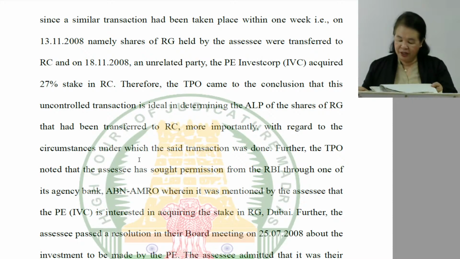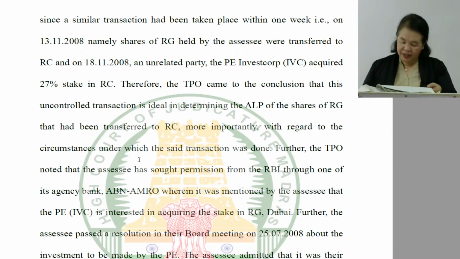More important with regard to the circumstances under which the said transaction was done. No? The TPO noted that the assessee has sought permission from the RBI through one of its agency bank, the ABN AMRO, wherein it was mentioned that the assessee, that the PE, is interested in acquiring the stake in RG Dubai.